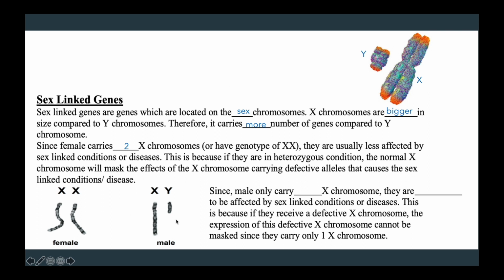Since males only carry one X chromosome, they are more likely to be affected. If they receive a defective X chromosome from the mother, the expression of this defective X chromosome cannot be masked since they only carry one X chromosome.